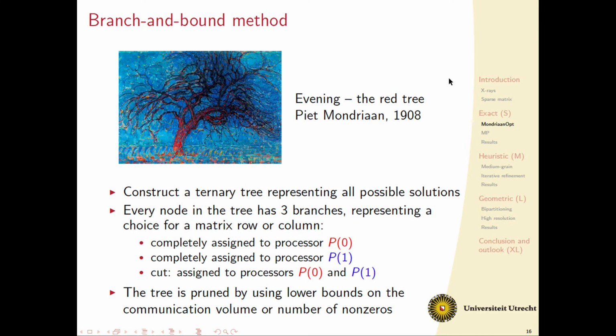And that means there's a communication. And then in this branch and bound algorithm, we prune the whole tree, which has a size of 3 to the power m plus n, so it really explodes, by pruning based on the volume that we got, or the number of non-zeros.